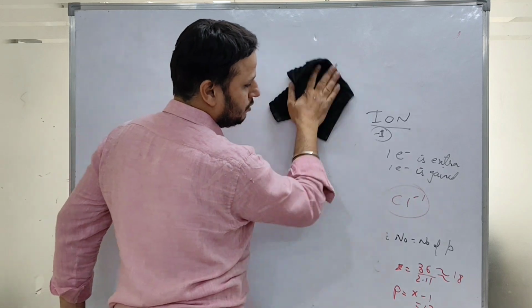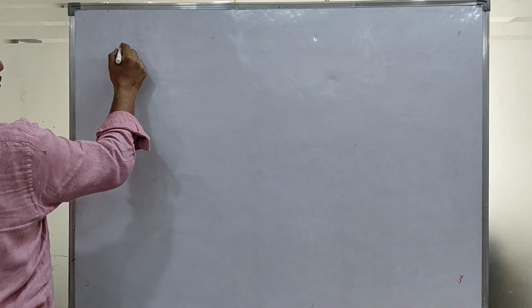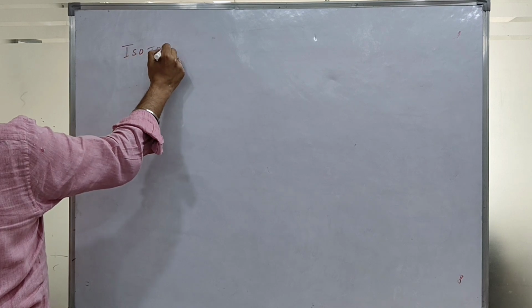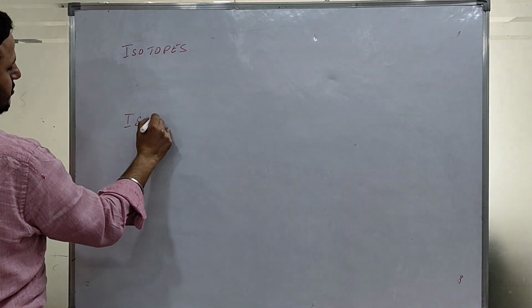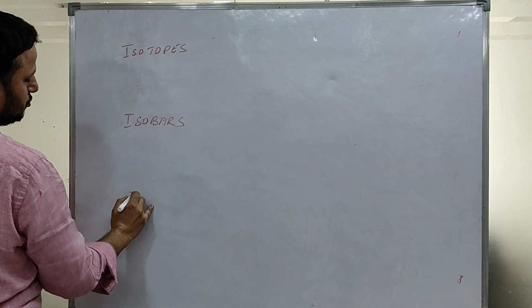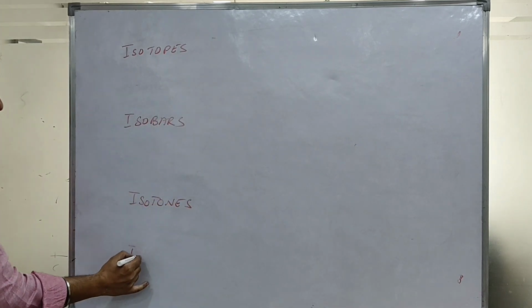So this is proton, electron, neutron, and now there are few more terms: isotopes, isobars, isotones, and isoelectrons.